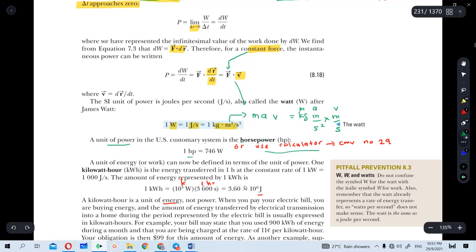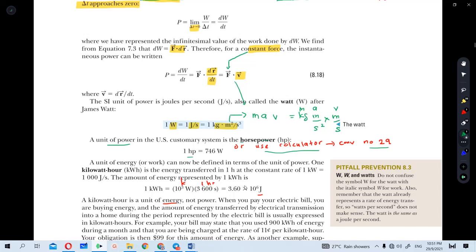At the back of your calculator, look for conversion number 29. You can straight away convert it using your calculator. On the other hand, this conversion is given in the list of constants, if not mistaken. Okay, not the equation sheet but the list of constants.